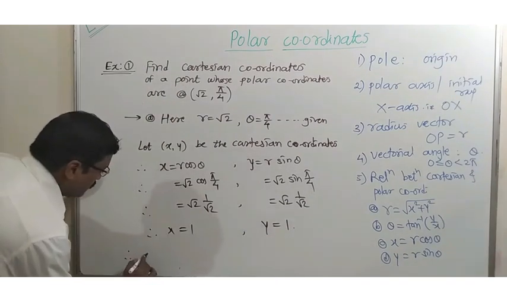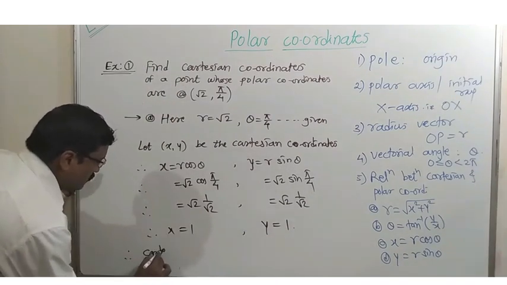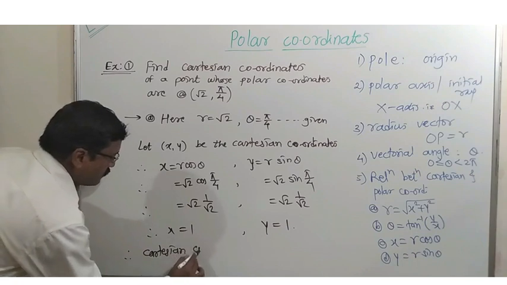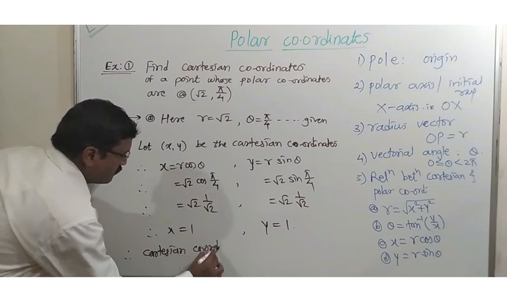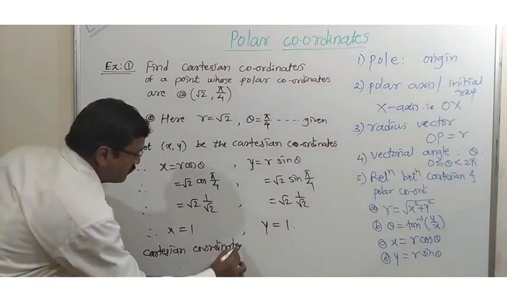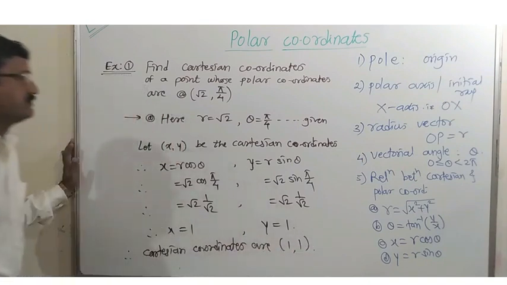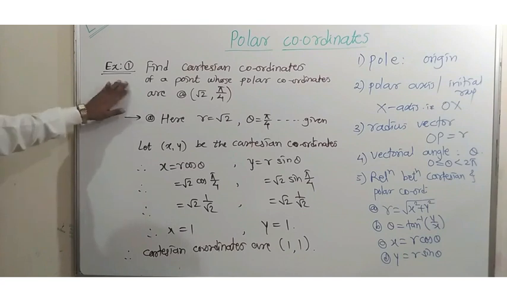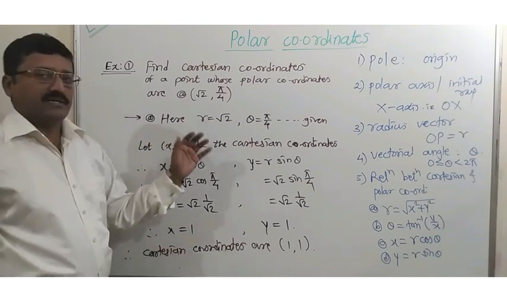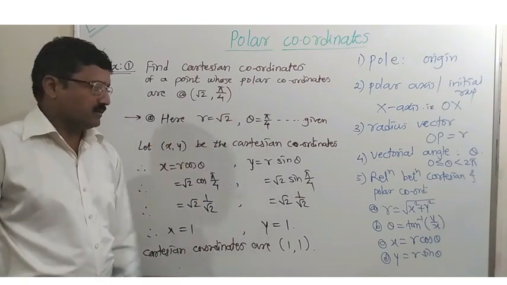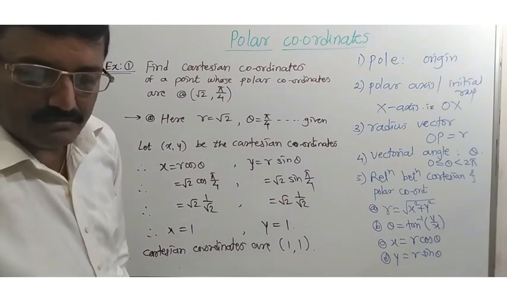Therefore, the Cartesian coordinates are 1, 1. So this type of question is very easy to find the Cartesian coordinates from polar coordinates. Let us see one more example.